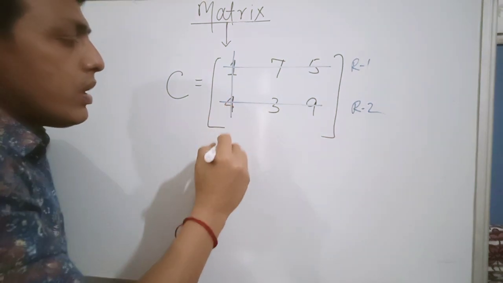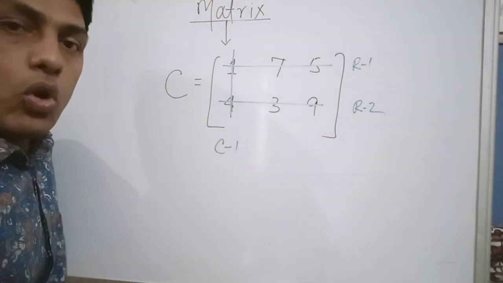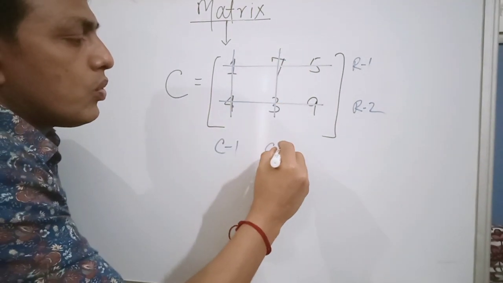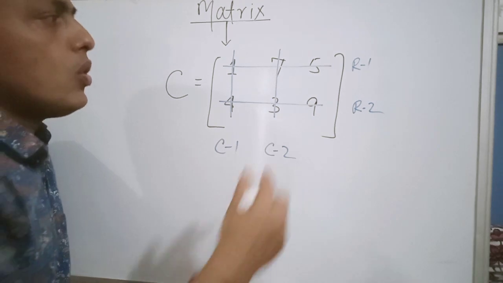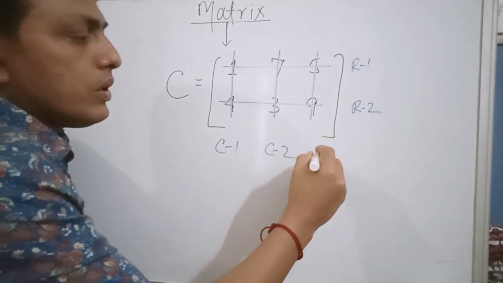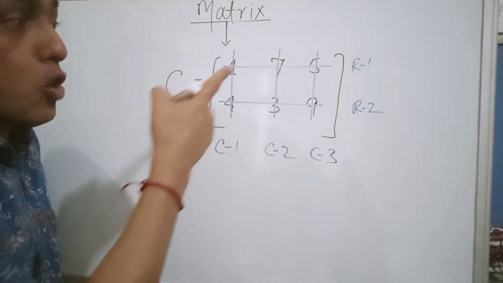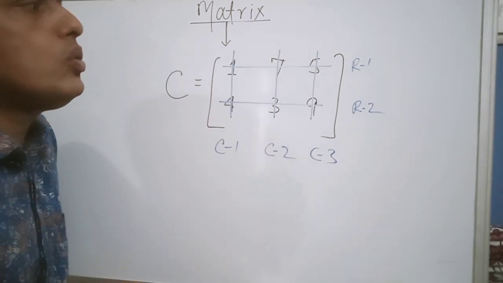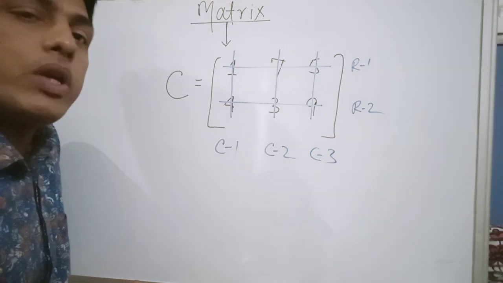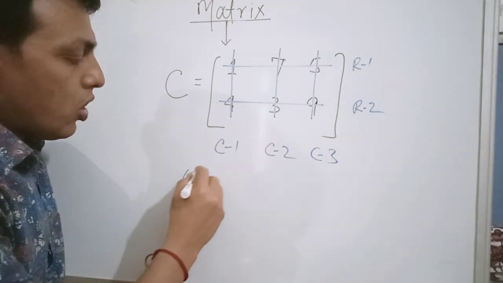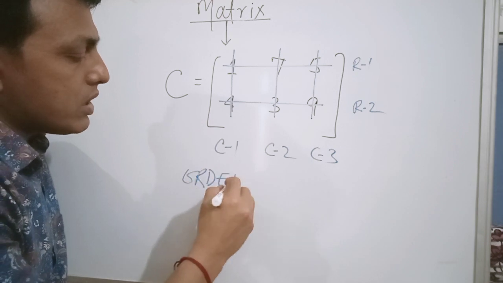Vertical line number 1 will be column number 1. Vertical line number 2 will be column number 2. Vertical line number 3 will be column number 3. So how many rows are there? 2 rows. And how many columns are there? 3 columns.